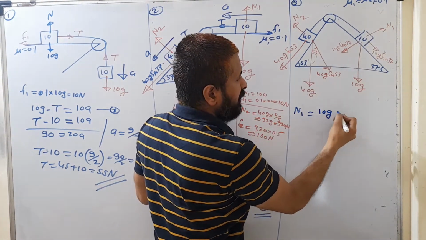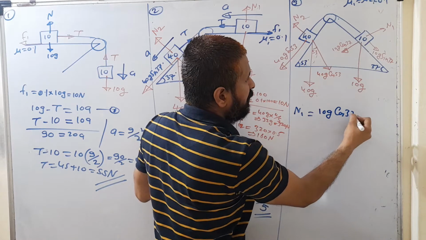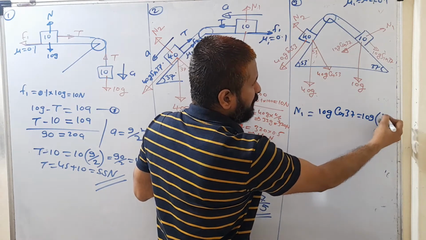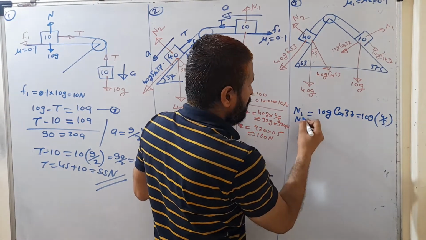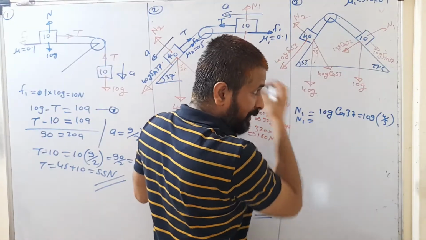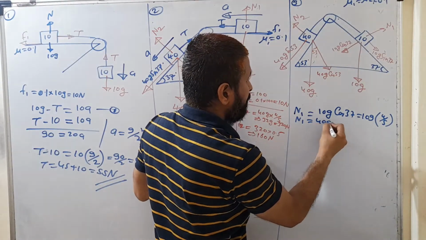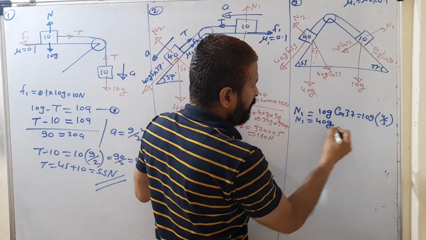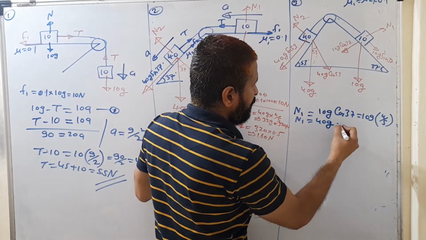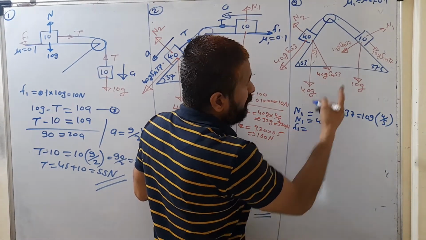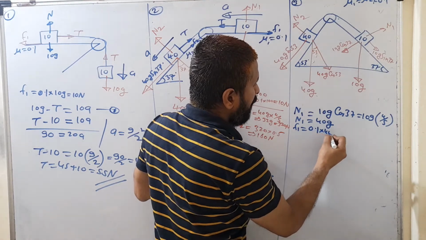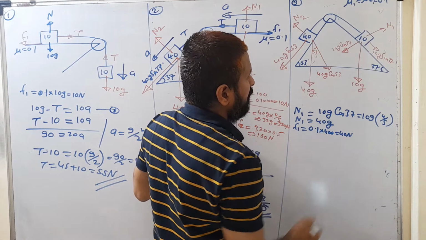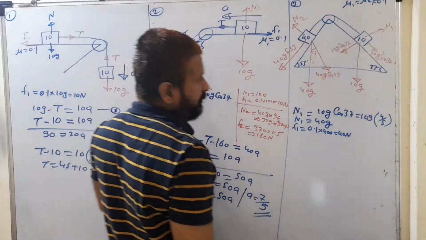That is 10g cos 37, which is 4 by 5. So N1 is 40g. So we can find the frictional force. N1 is 40g, so F1 is 0.1 into 400, that is 40 Newton. So F1, the frictional force acting on the first block, is 40 Newton.